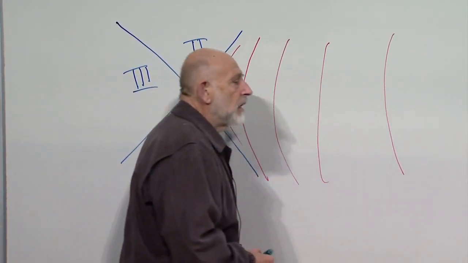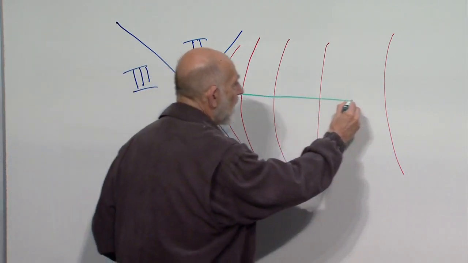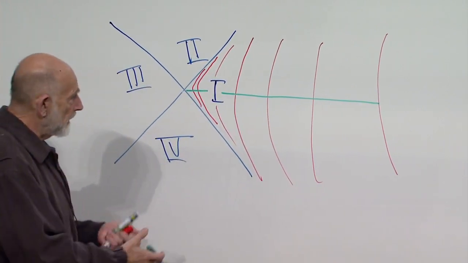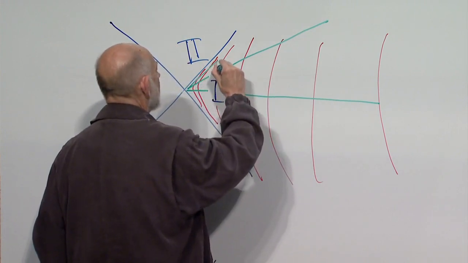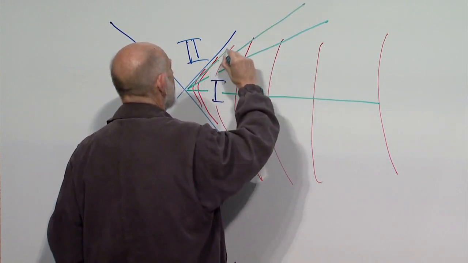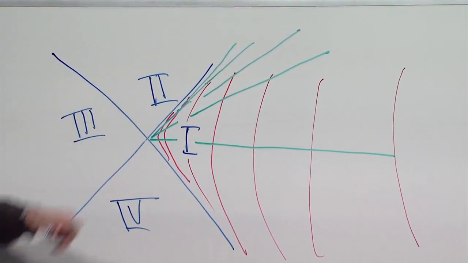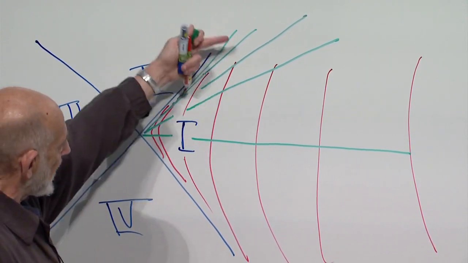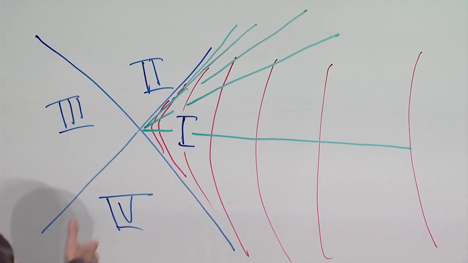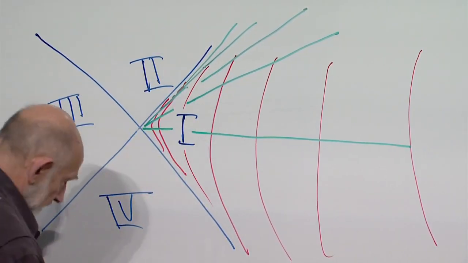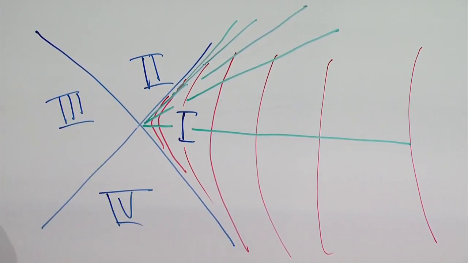The red lines are lines of constant position. The green lines are lines of constant time, and they accumulate up near this blue line up here. So this is t equals 0, t equals 1, t equals 2, t equals 3, and t equals infinity is way, way up on this 45-degree surface here. So that's the outside of the black hole.